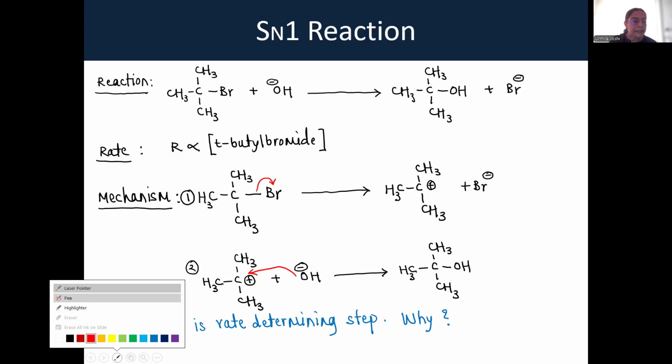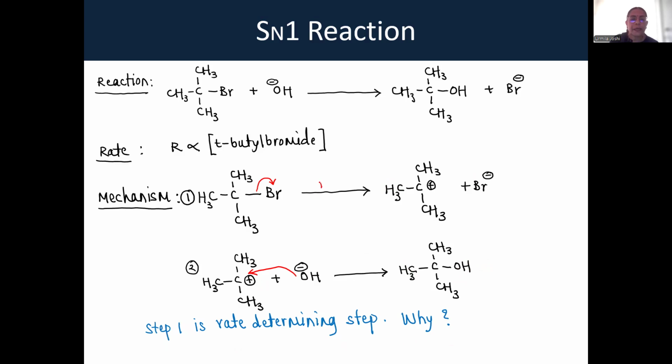Why is step one the rate determining step? Because in step one, an uncharged structure is getting converted to a charged intermediate. So this is a high energy intermediate, and the formation of this intermediate decides the rate of the reaction.